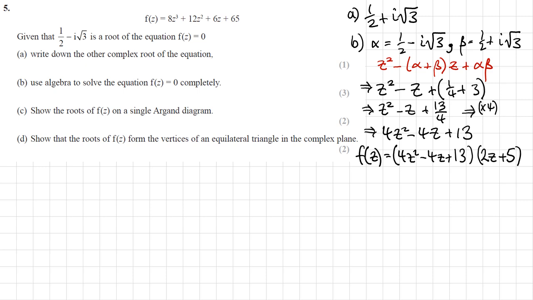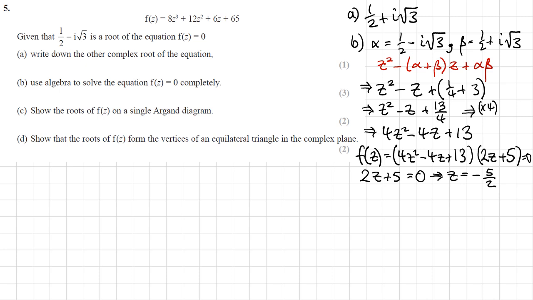So to find my other root, because I'm solving f of z equals 0, 2z plus 5 is equal to 0. So that means that z is equal to, minus 5 from both sides, and then divide by 2. So that gives my other root, negative 5 over 2.